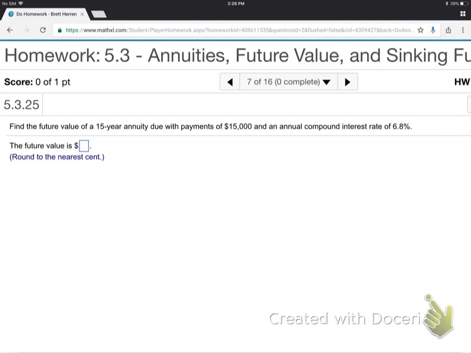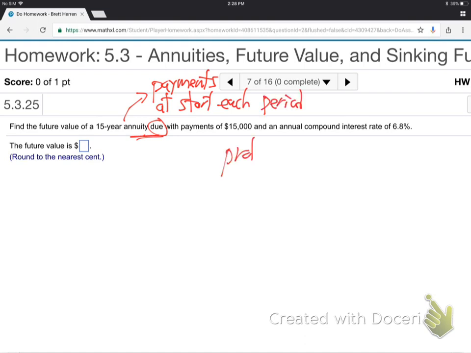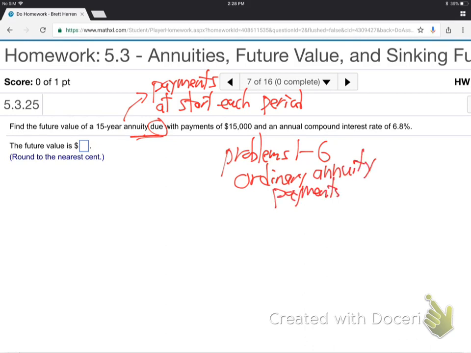Okay, so now they've been talking ordinary annuity. Now they're going to say annuity due. Annuity due means the payments are at the start of each period. So, problems 1 through 6 were ordinary annuity, which means payments at the end of each period.